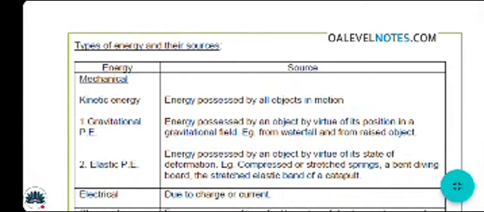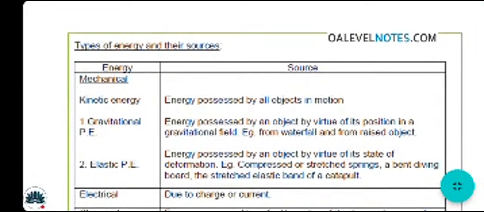Kinetic energy is possessed by all objects in motion. Gravitational potential energy is not new to you if you are from O levels. It is energy possessed by an object by virtue of its position in a gravitational field, for example a waterfall or a raised object.